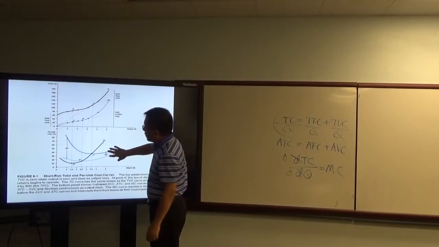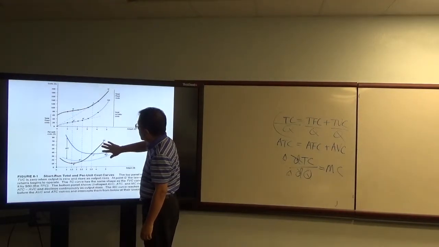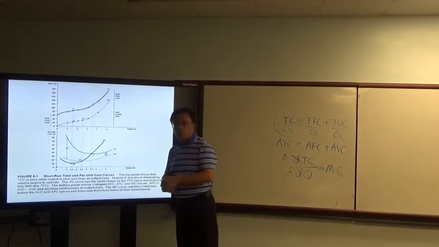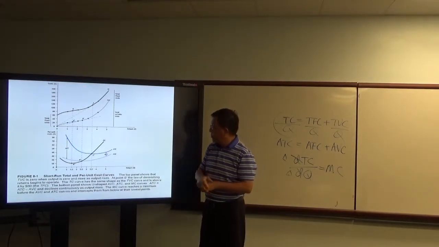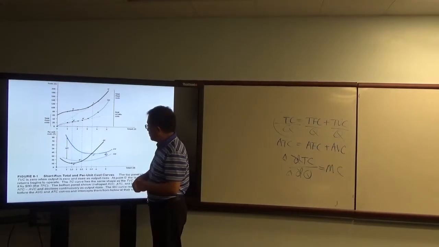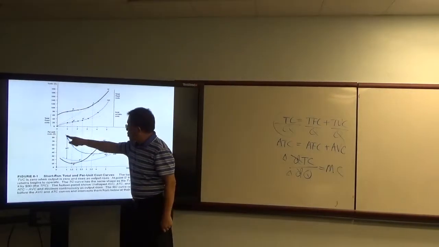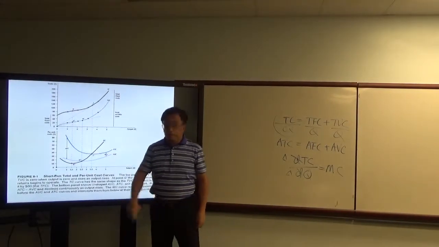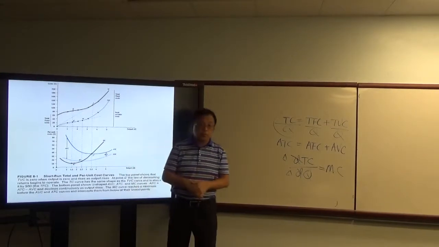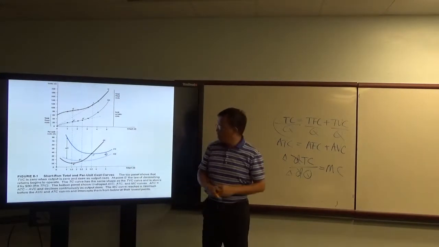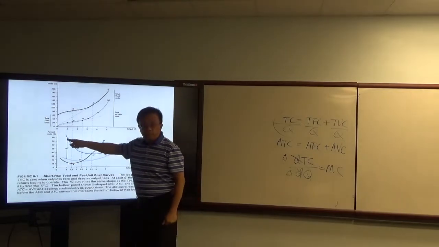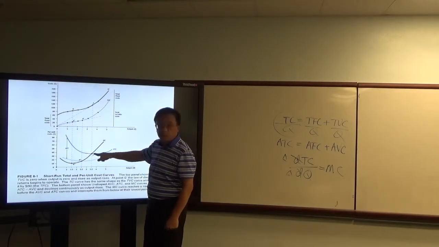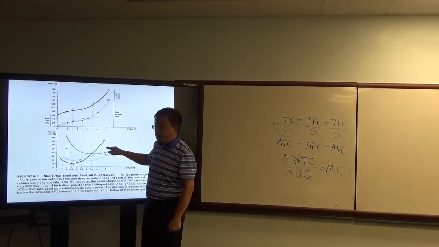The second graph, the chart below, shows the average total cost, the average variable cost, and the marginal cost. You can see the average total cost and the average variable cost are U-shaped. U-shaped means what? It starts to decline, touches a minimum point, then starts to increase. That's a U-shape.